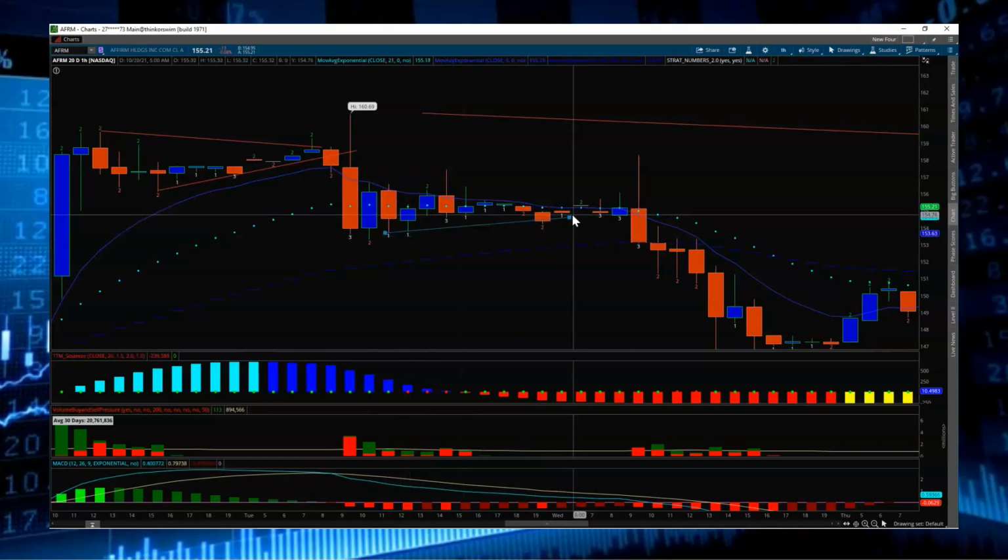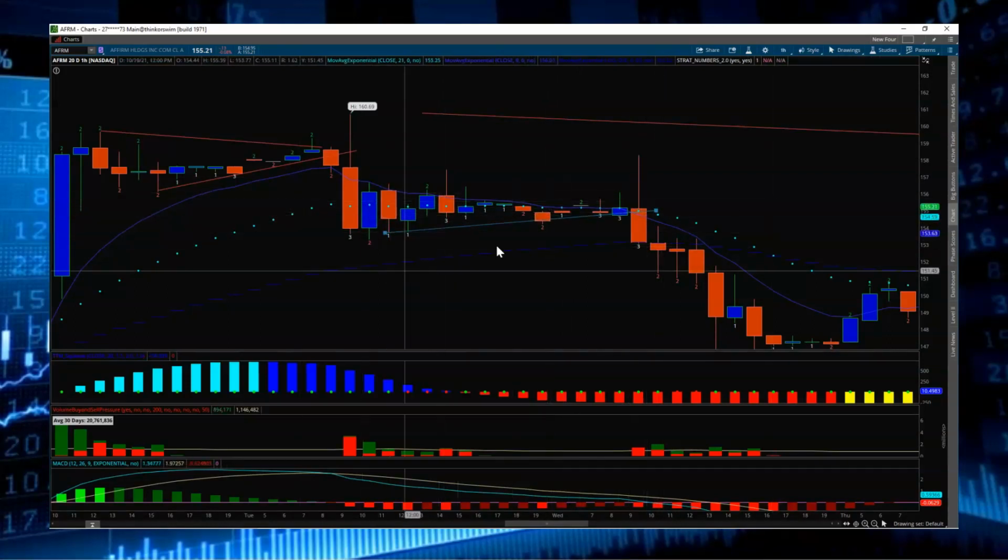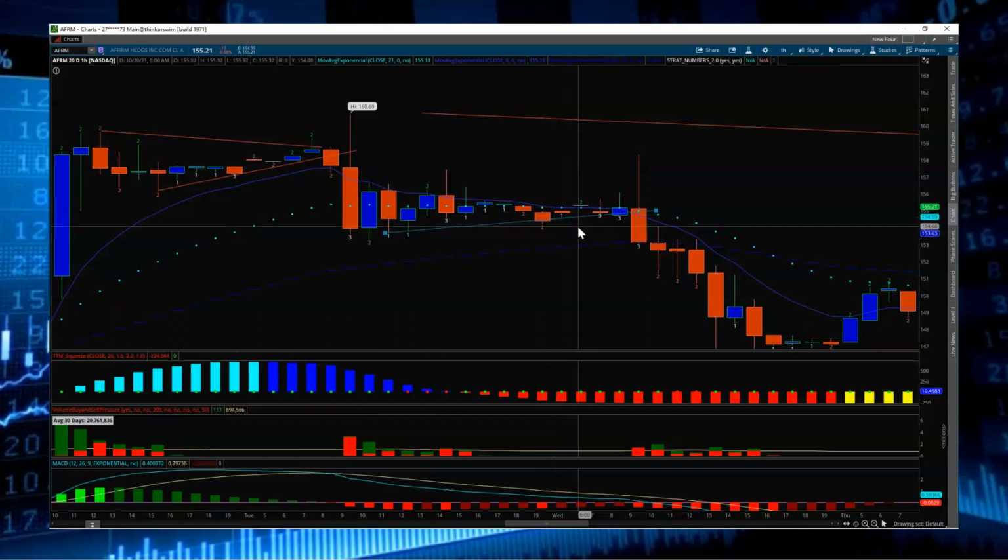Just because it came back up, the fact that it broke down still shows weakness, right? So it still closed below the trigger, even though it's a little small close, it's got to be accounted for. And price started to move a little bit.